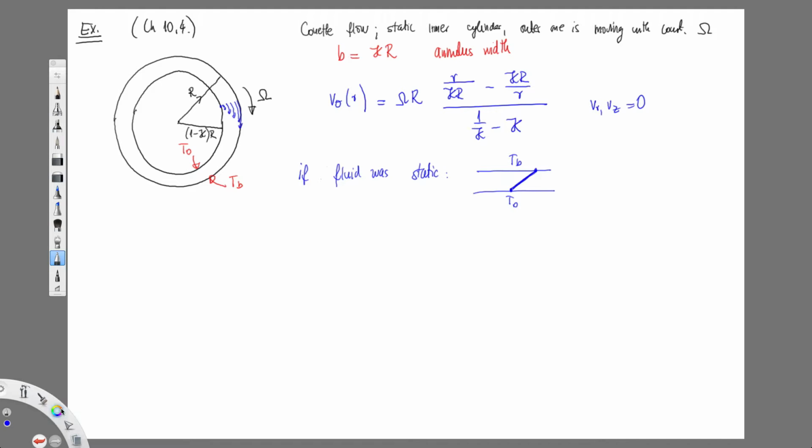And now it's not going to be linear, but with moving fluid, I expect that moving fluid non-linearly affects my temperature distribution. And I'm wondering, well, what is this effect?